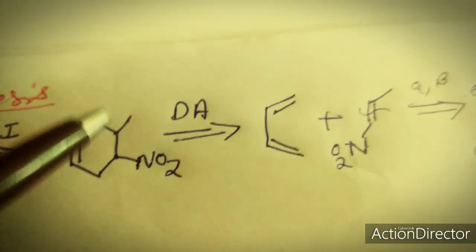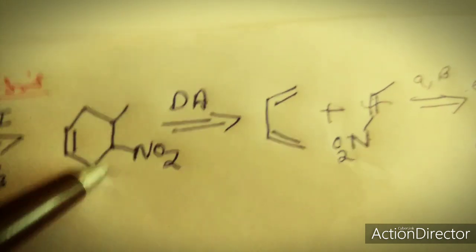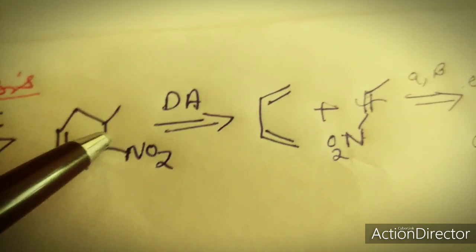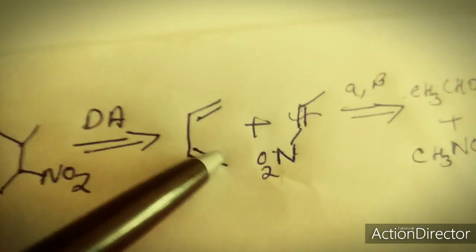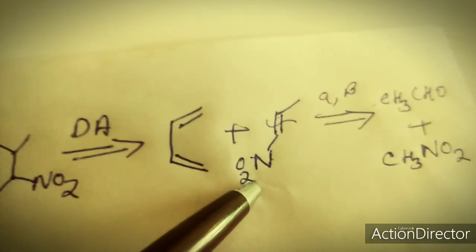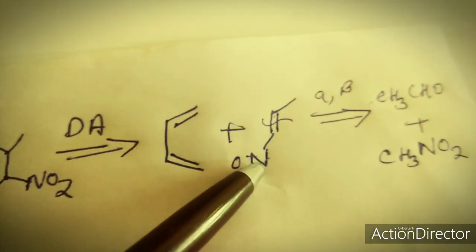Now this can be disconnected at these two ends. So Diels-Alder product, that is a double bond here, a double bond here, and a bond here. So these two will be formed, the diene and the dienophile, with NO2 at one end and CH3 at the other.